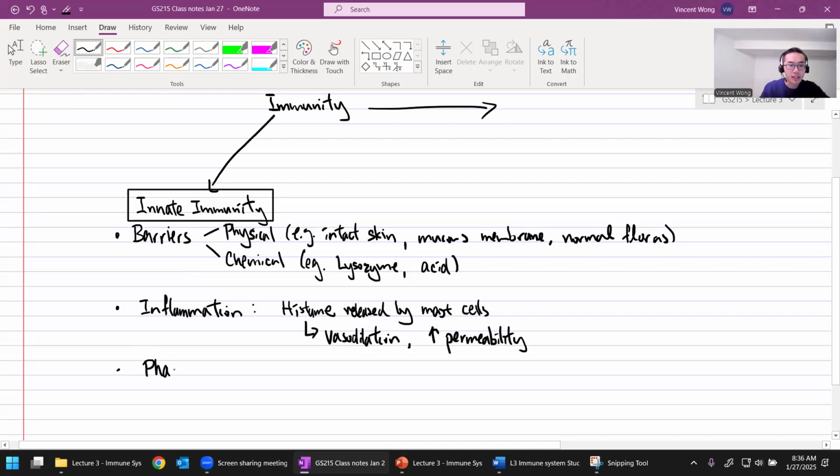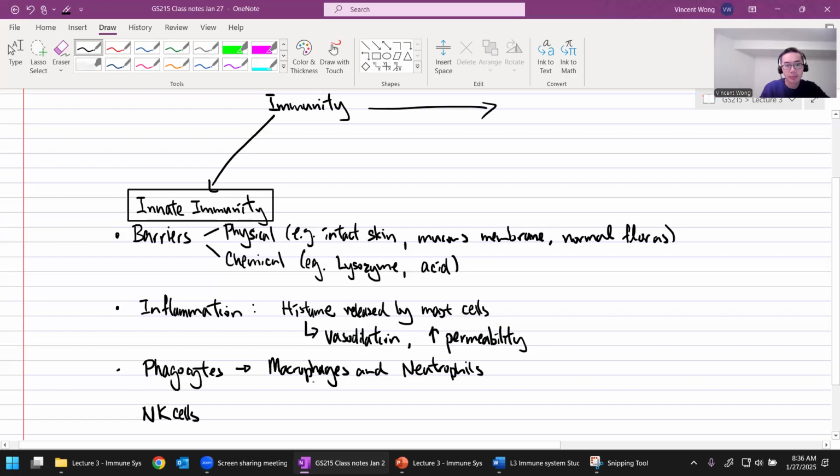Phagocytes include macrophages and neutrophils.